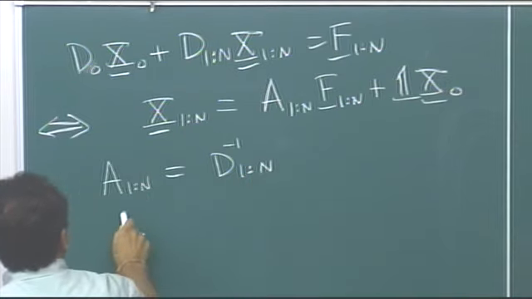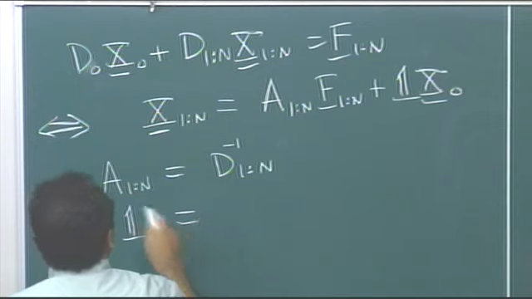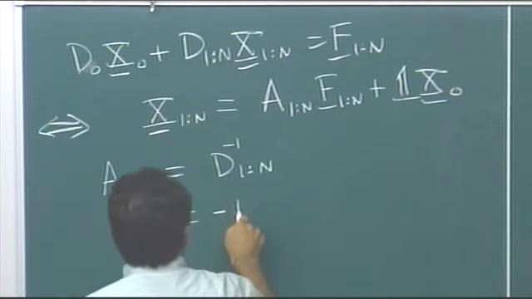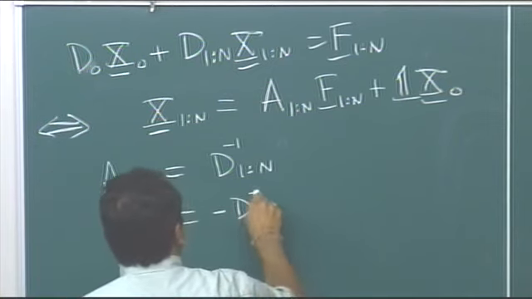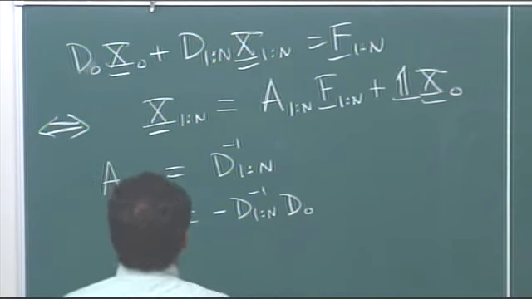And this column vector 1 was actually constructed by minus D 1 colon n inverse times D0. So these two things were equivalent.